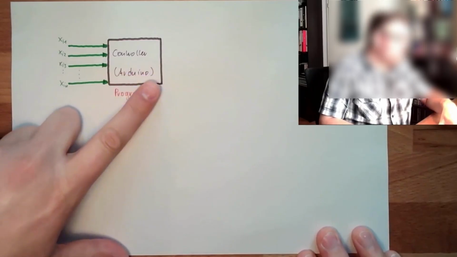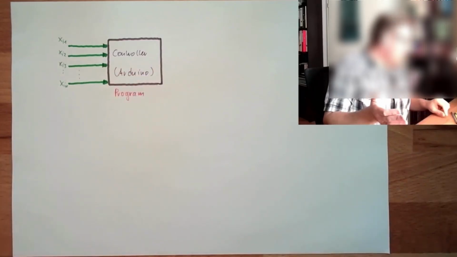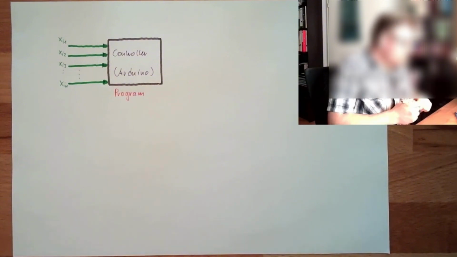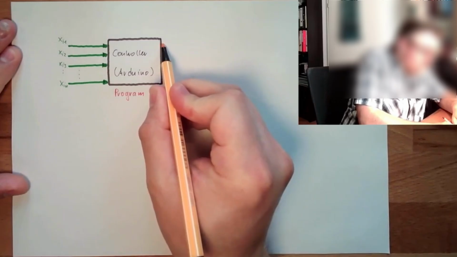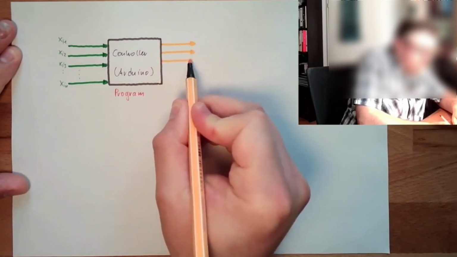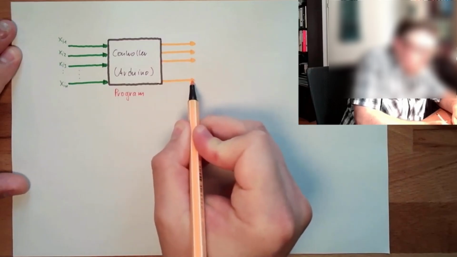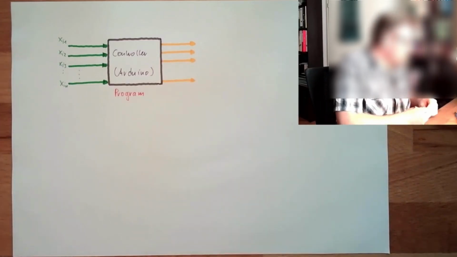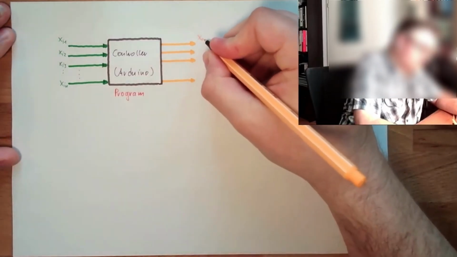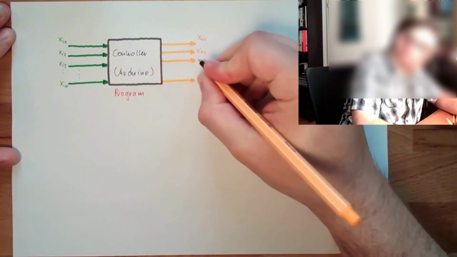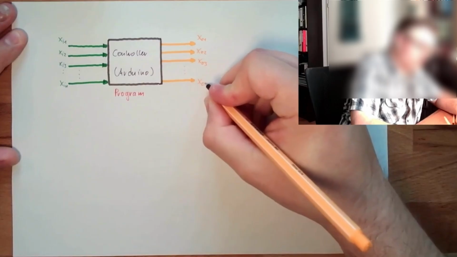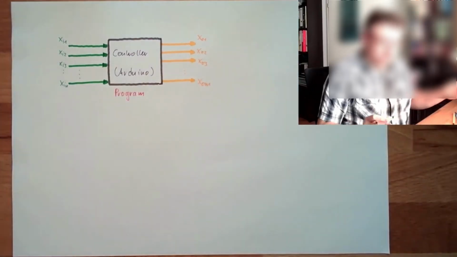And what to do is reflected at the outputs. There might also be several outputs of the controller, and with the help of the outputs, the controller is influencing the world. XO1, XO2, XO3 and so on up to XOM.